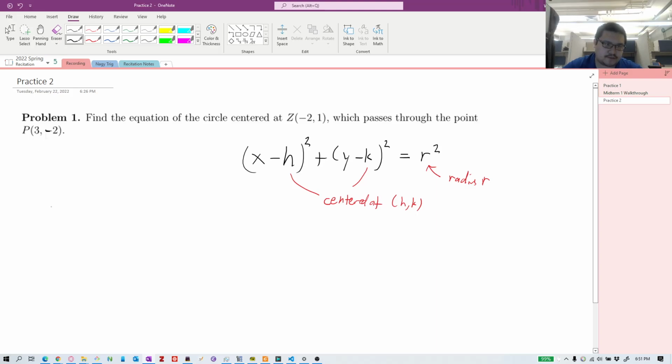So when I plug this in, let's try to do this. So 3 and -2 are my x and y, and then we're going to get r squared. So h is supposed to be negative that, so it's going to become +2.